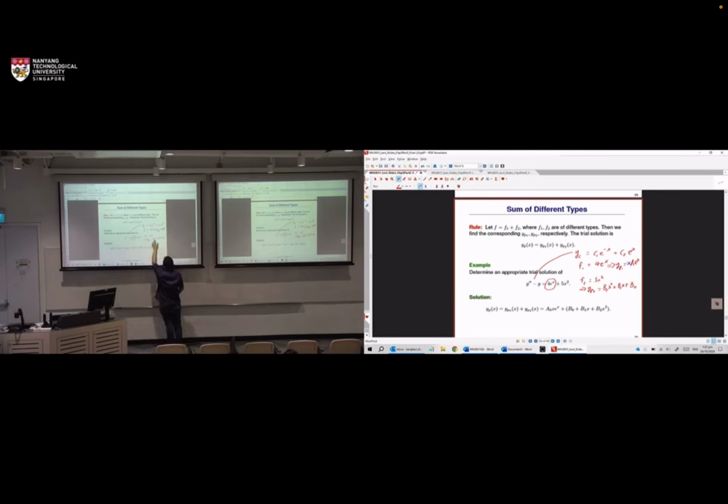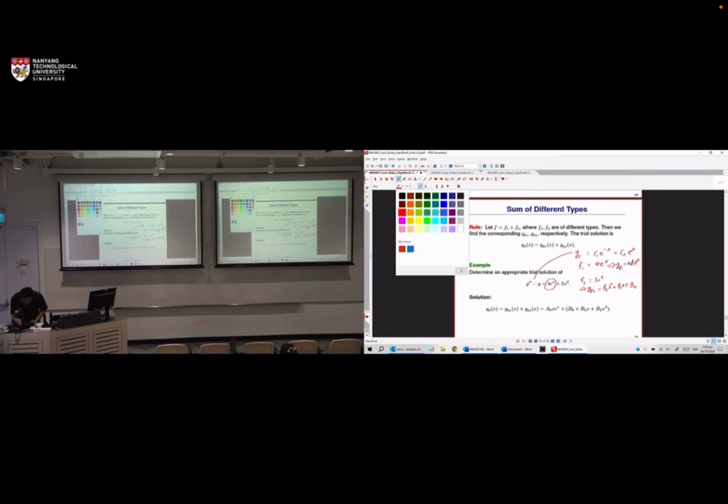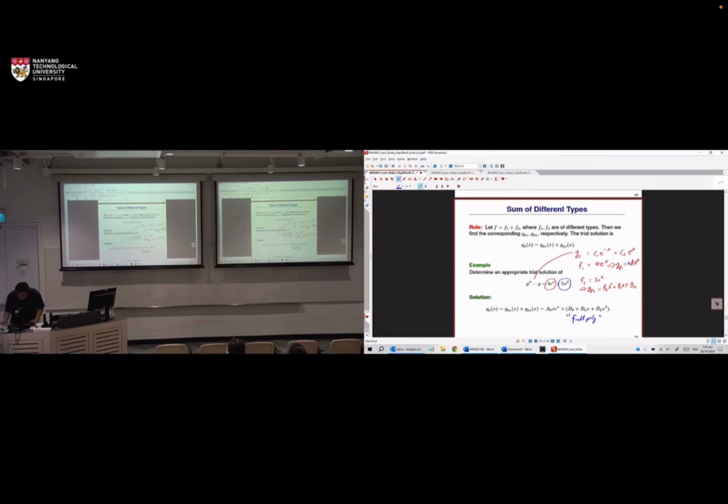I use these alphabets to be in line with the notes. So this part here is this part, and this part here is this part here. It has to be a full polynomial. Although here is only 5x squared, as I mentioned many times, we have to use a full polynomial, involving the lower terms as well.